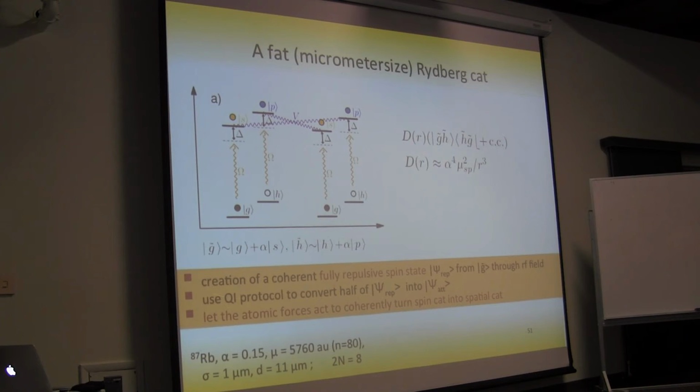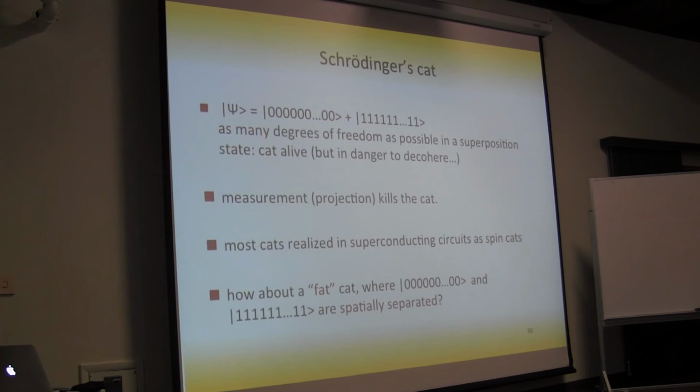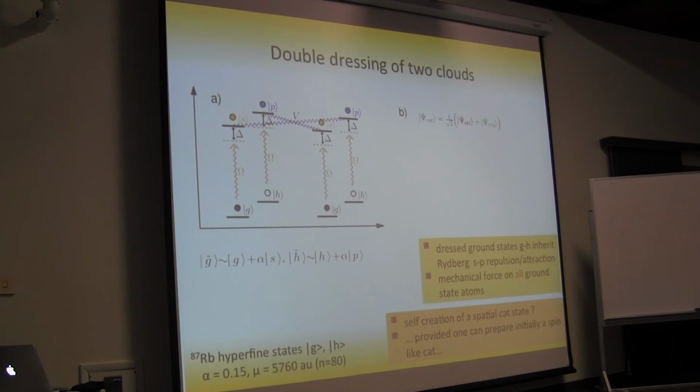And then our friends from quantum information have thought about many ways to convert these kinds of entangled states. And there's one way where you can convert this repulsive state into an attractive one. And then we have both the attractive and the repulsive one. And this creates our cat state, the superposition.